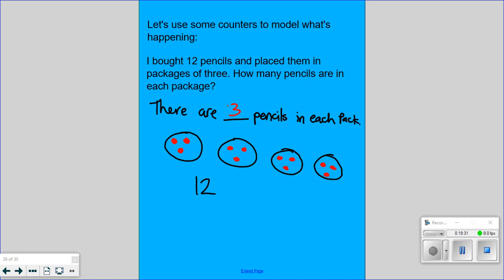There's my division. How many groups did I make? Pay attention to what I'm asking. Groups. How many groups did I make? Bryson? 4. Which is worth how many in each group? Leslie? 3.